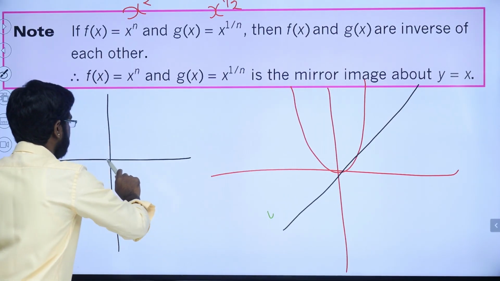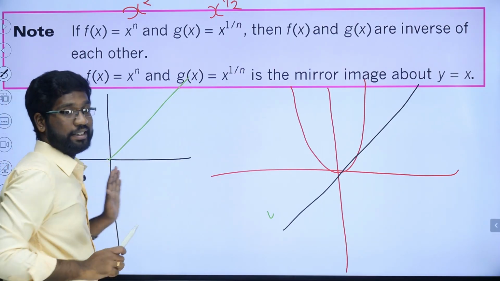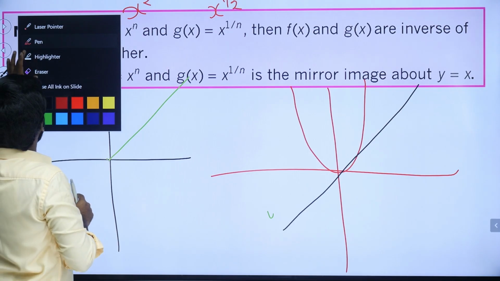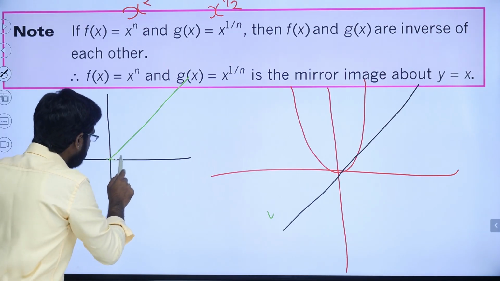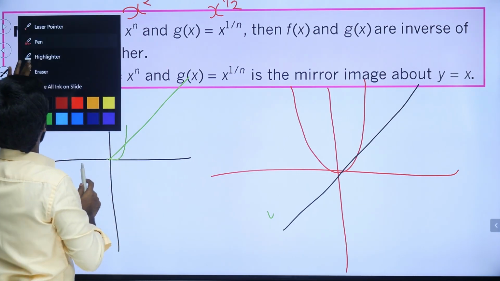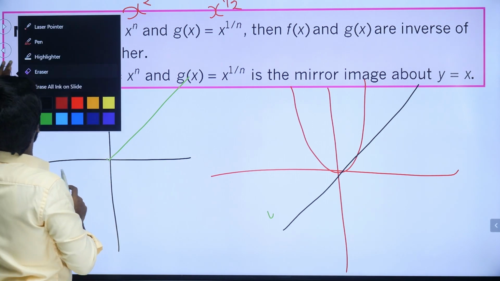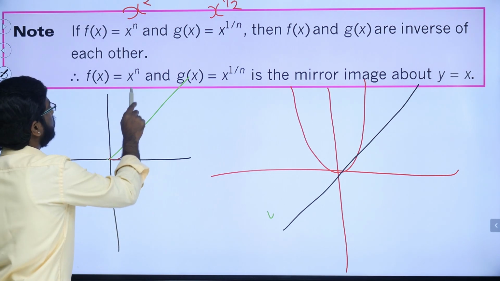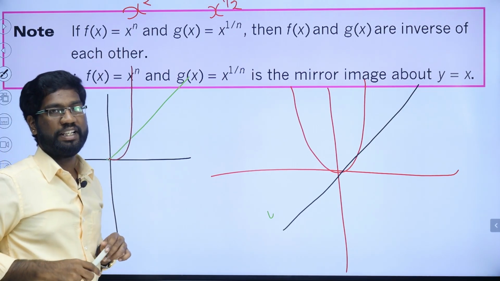So what I am going to do is make the y equals x line, as well as the x square graph, my dear students.